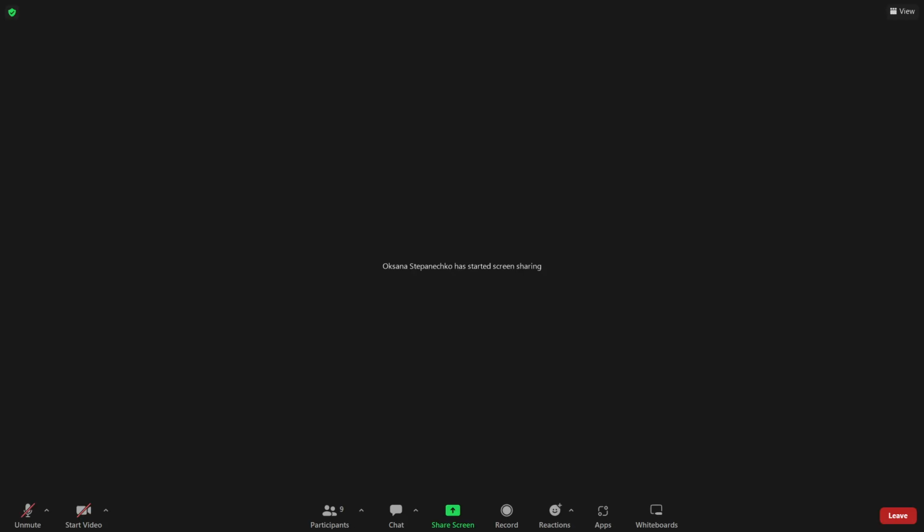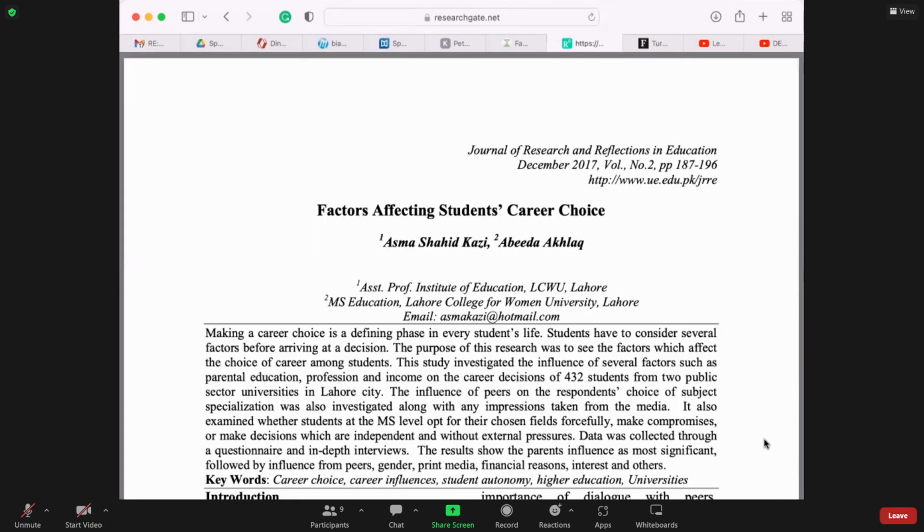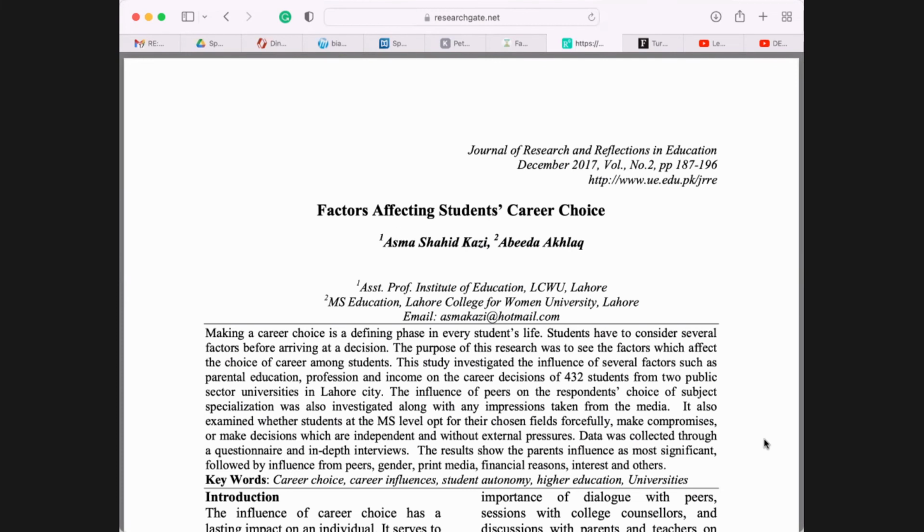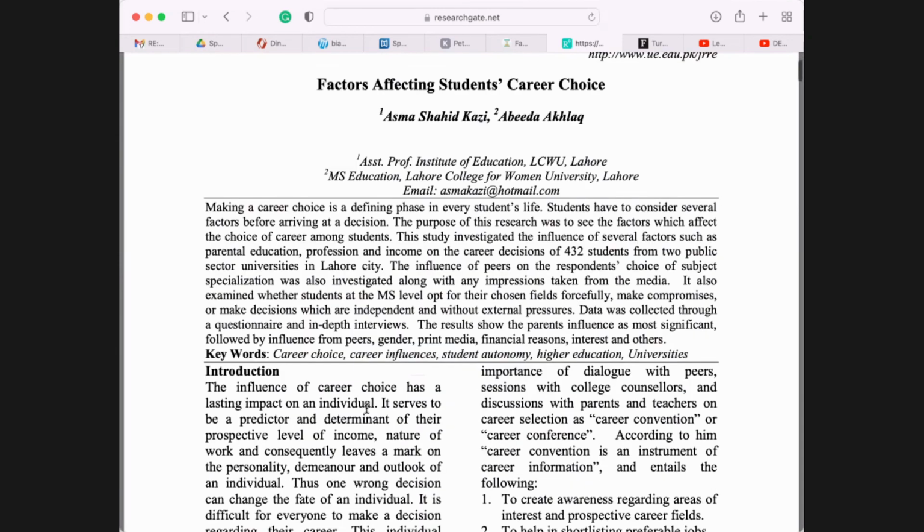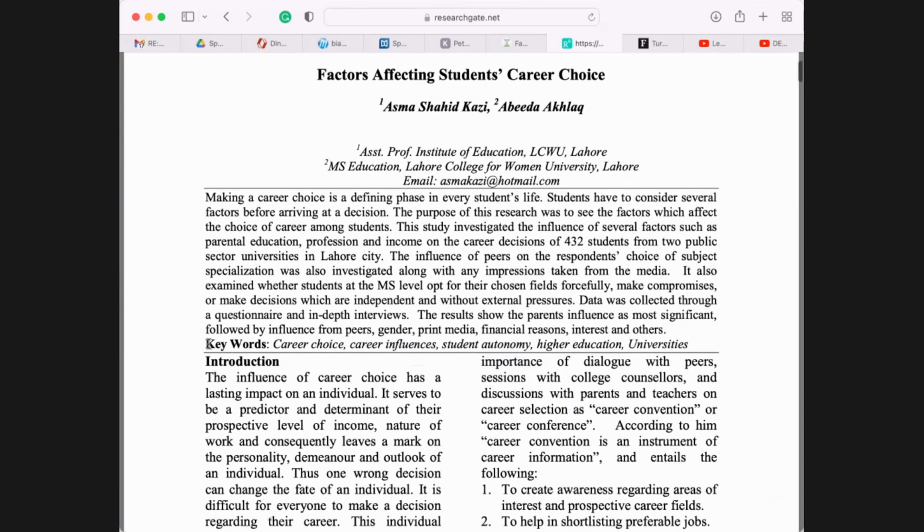I have found the article devoted to this essay, Factors Affecting Students' Career Choice. And here is, under the line and over the keywords, what is it, this part?